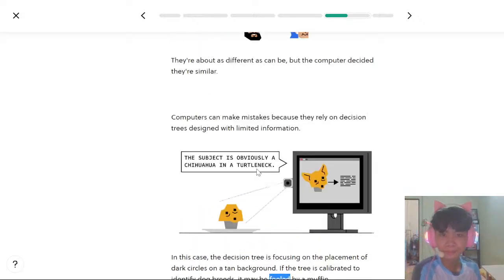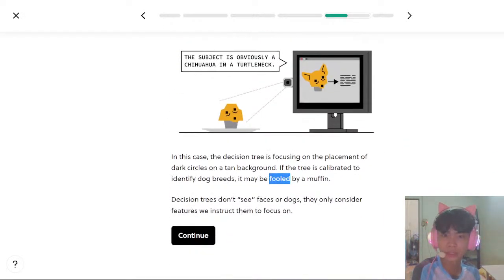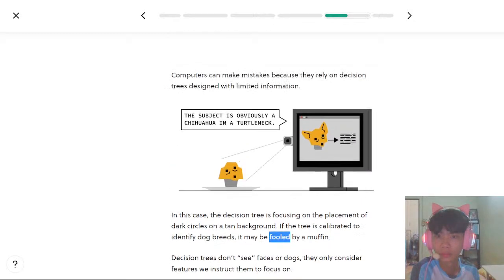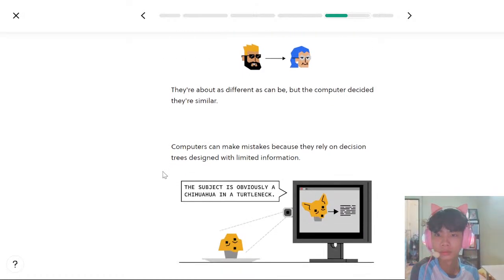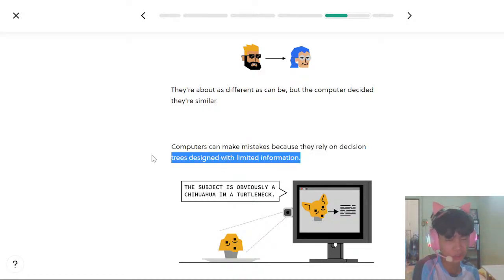Oh my god, what does it mean? I still don't understand. What the heck is it? Computers can make mistakes because they rely on decision trees designed with limited information. Okay, it's true.